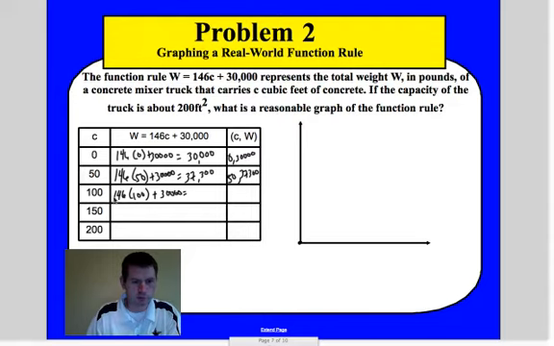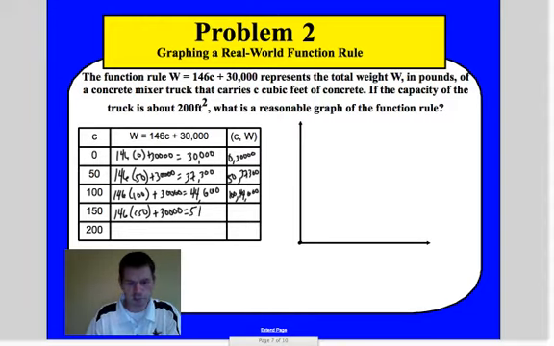So 100 times 146, and then plus the 30,000, and in this case we get 44,600. So we had (100, 44,600), and we just keep doing this as we go through, and it's just a plug and chug type method, as you'll hear me refer to it.